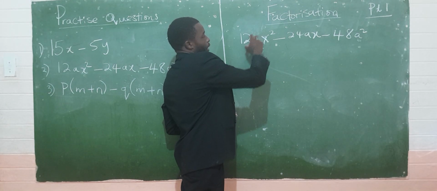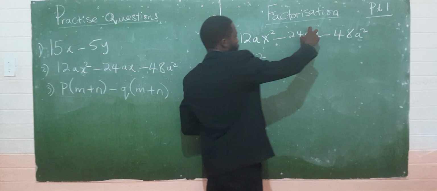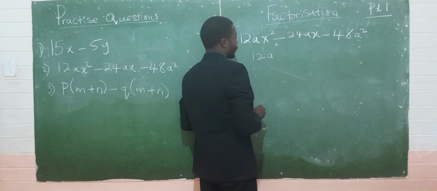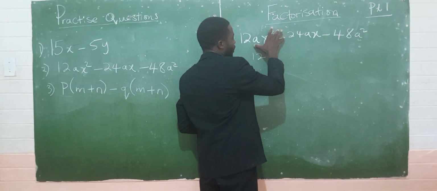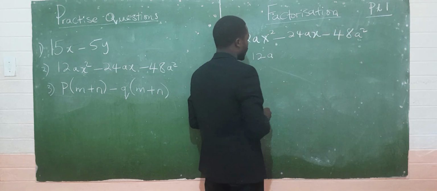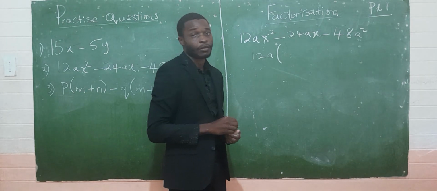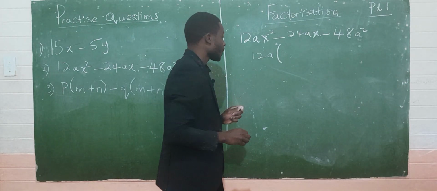So a can get into a, it can also get into this a, and it can also get into a squared. So 12a qualifies. Unfortunately, x cannot, because as much as it can get into this term, it can't get into that term. It means that 12a is the highest common factor of all those three terms.